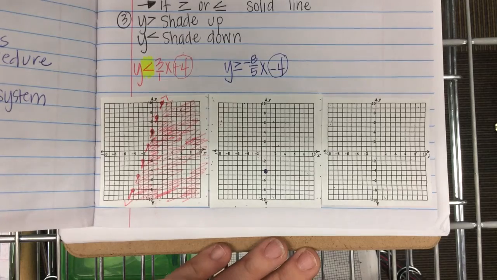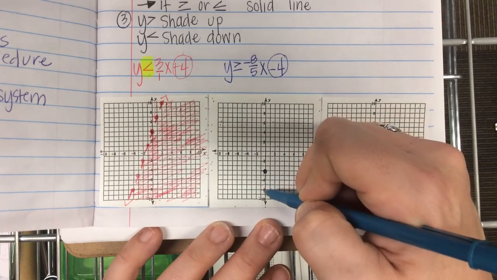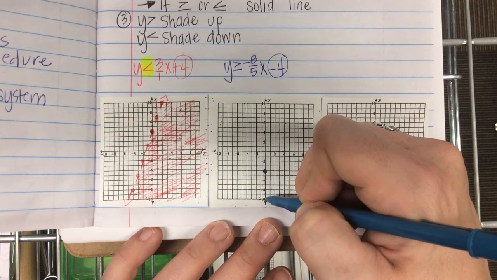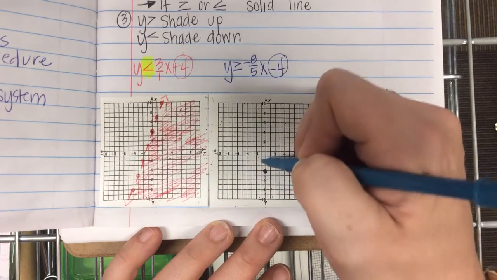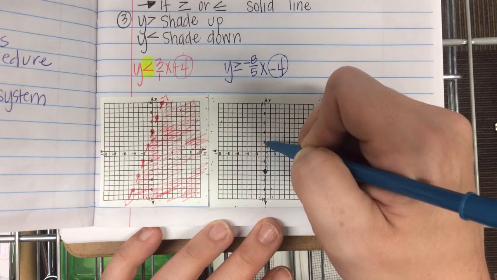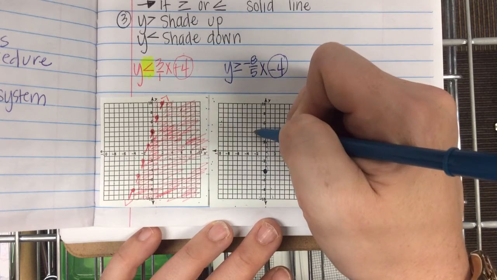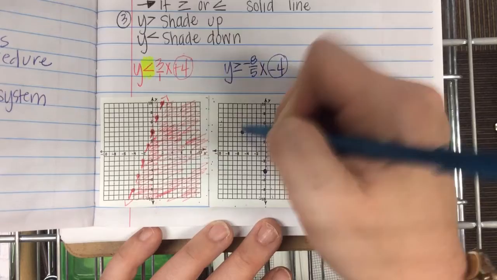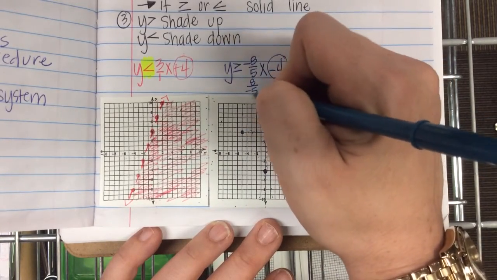And I'm going to count my slope, which is down 8. 1, 2, 3, 4, 5, 6. I ran out of room. So instead of going down 8 and to the right 5, I'm going to go up 8. 1, 2, 3, 4, 5, 6, 7, 8. And to the left 5. 1, 2, 3, 4, 5. Because remember, negative 8 over 5 is the same thing as 8 over negative 5.